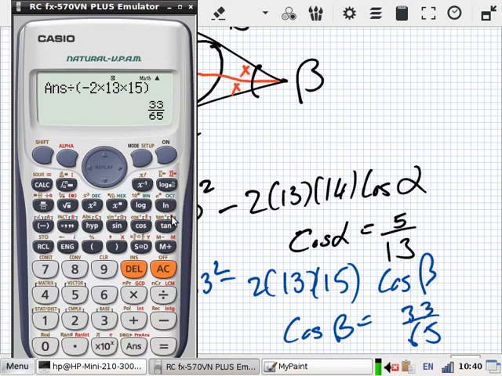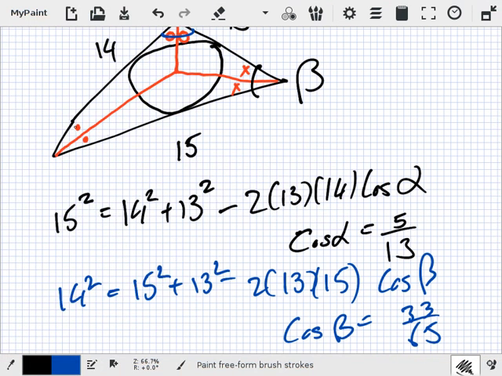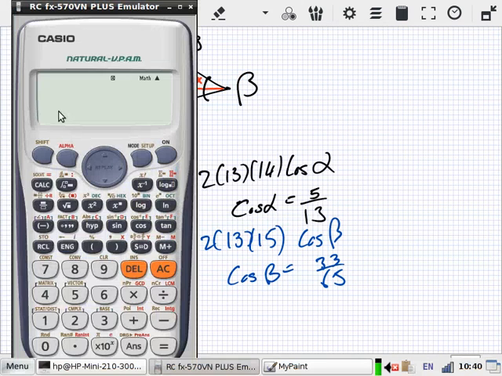So let me save that angle. Shift cos inverse my answer. That's 59 degrees. I'll store that into B. Now, what's the easy way to get the last angle, gamma? 180 minus A minus B gives me C, my gamma. So I'll just store that as gamma, C.